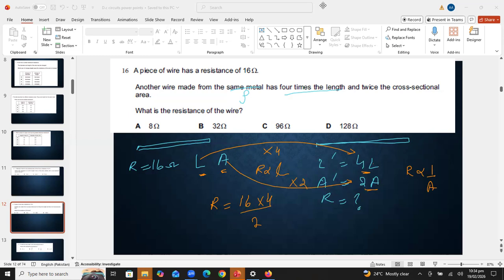So when we solve it, we will get the answer 32 ohms. So yes everyone, B is the correct answer. If you are not understanding this question, you can ask me. I can explain it again with the other method. Is it clear to you?